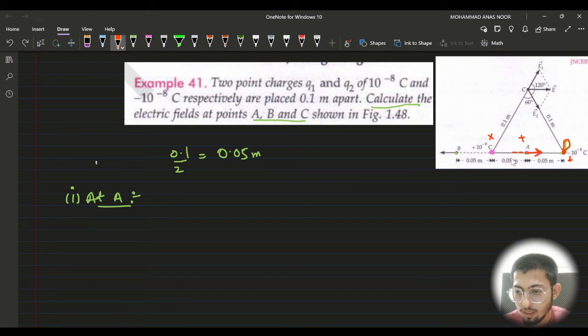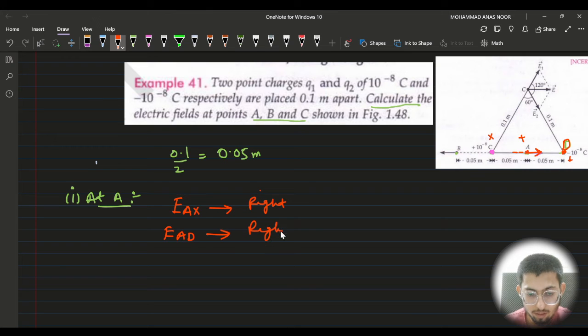So we can say that the electric field at point A due to X is in the direction, which direction? Right. And the electric field at A due to this D is again to the right. And if two electric fields are in the same direction, we can add them. Since they are vectors but in the same direction, we can simply add the two electric fields.